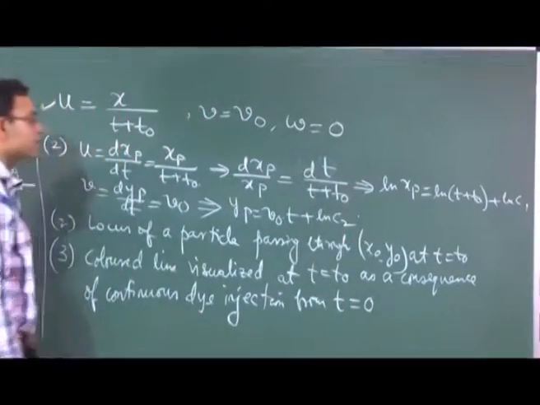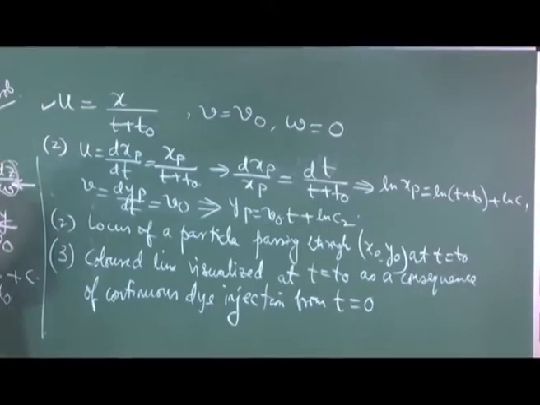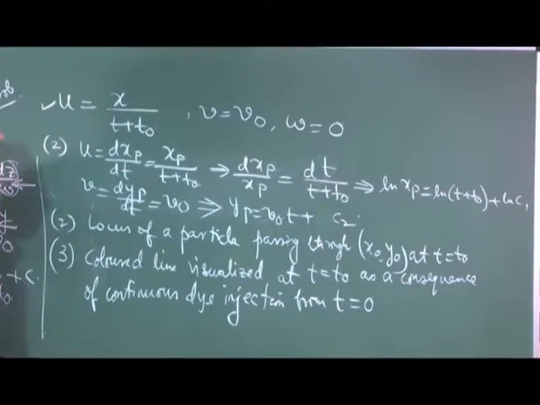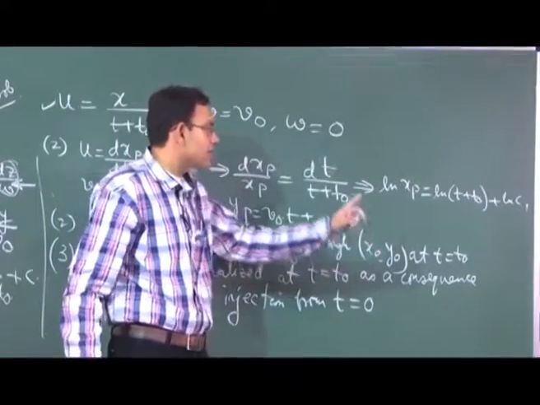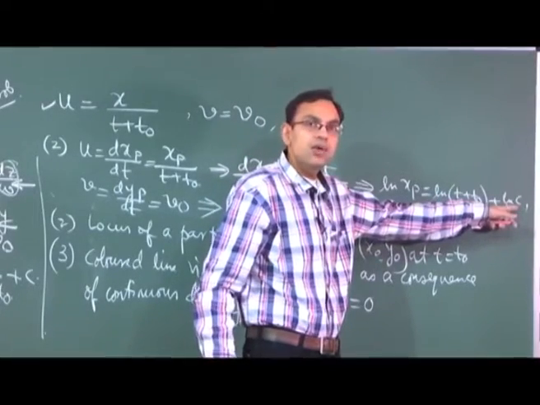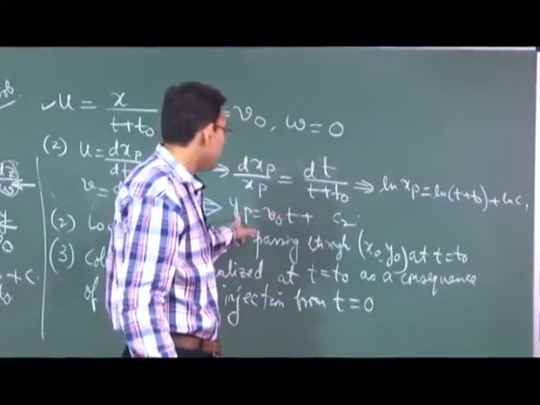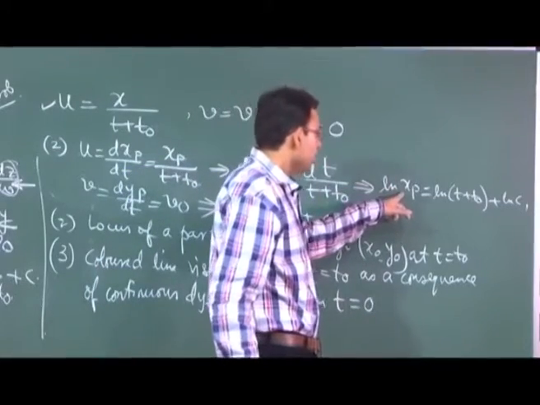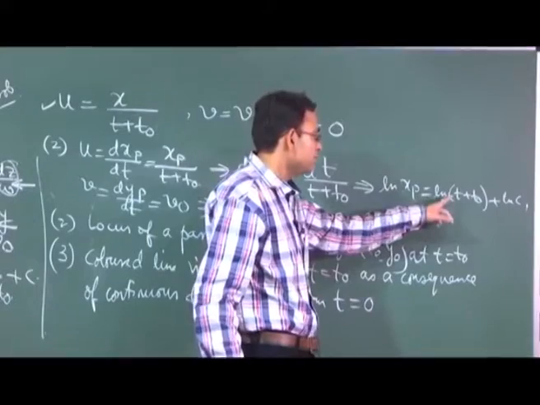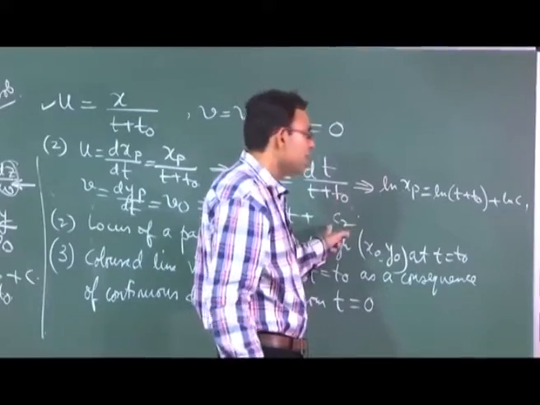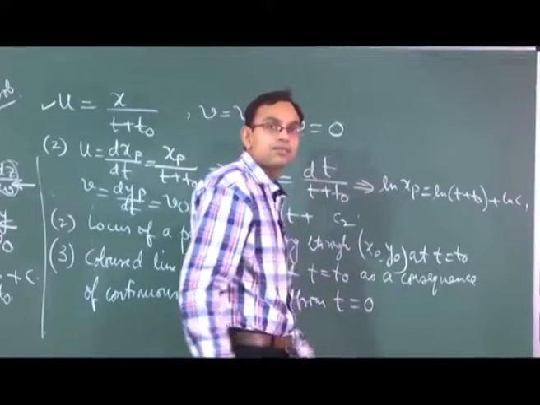How do you get C1 and C2? The question is asked that the particle passes through x0, y0. So, if you put xp equal to x0, you will get C1. If you put yp equal to y0, you will get C2. So, you will get xp as a function of t and yp as a function of t, and then you can eliminate t to find the locus of the particle.